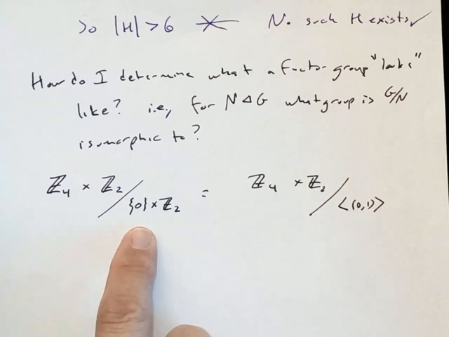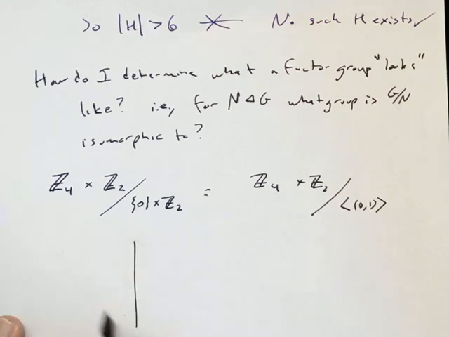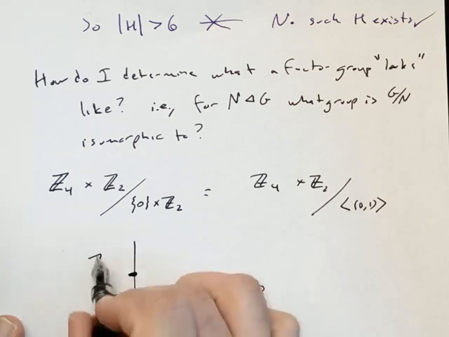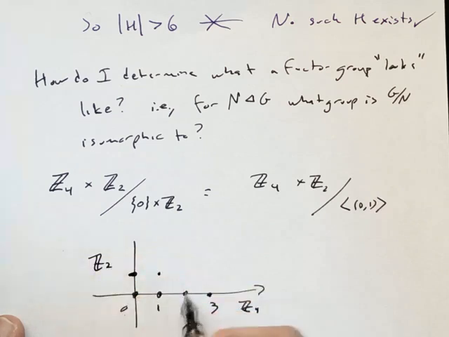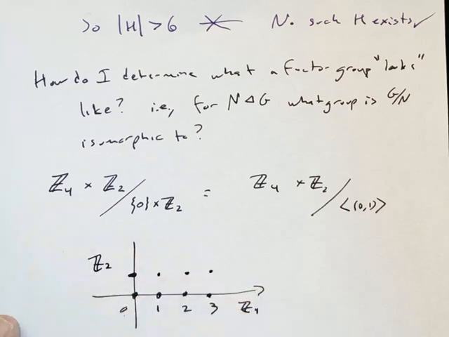It's 0, 0 and 0, 1. And then we drew a picture. And I said, oh, I'll put Z4 on this axis. And I'll put Z2 on this axis, and I'll write out all 8 of the ordered pairs that live in Z4 times Z2. And then we created the fibers.